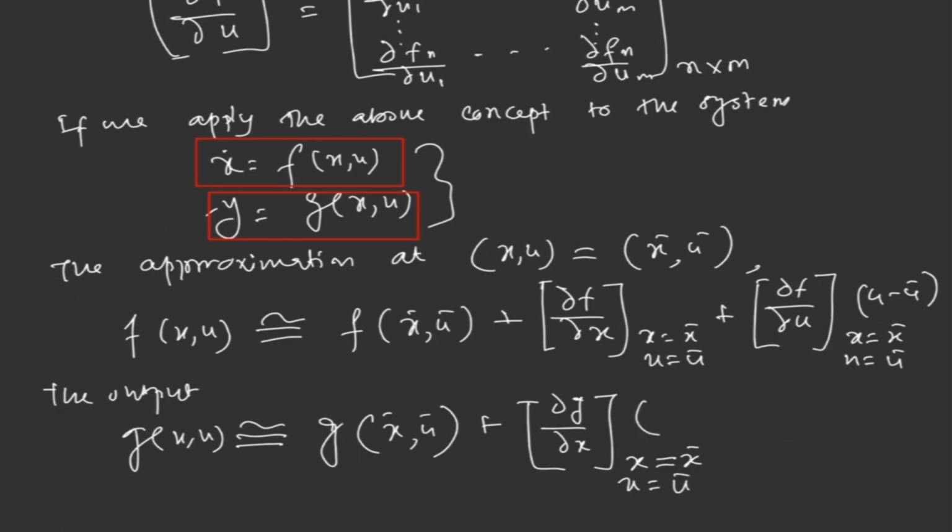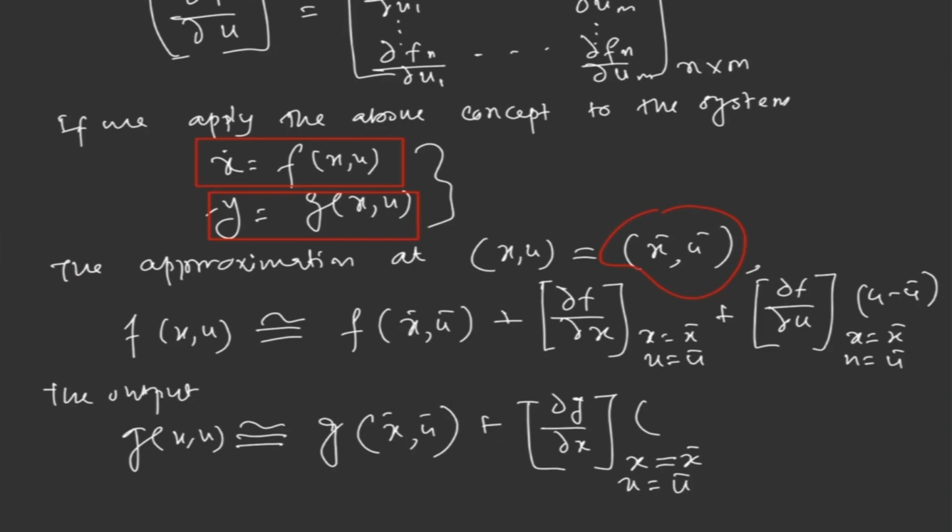This is a very standard technique in Taylor series expansion. In Taylor series, basically we find the series of a function about some reference point. So here, this is our reference point, and we are going to find the linearized model about this reference point.